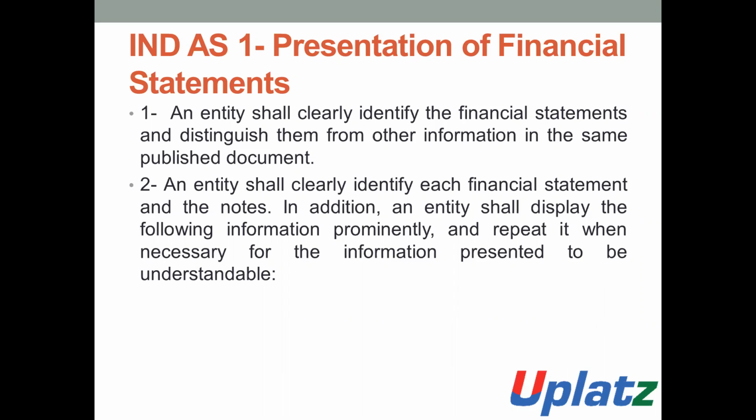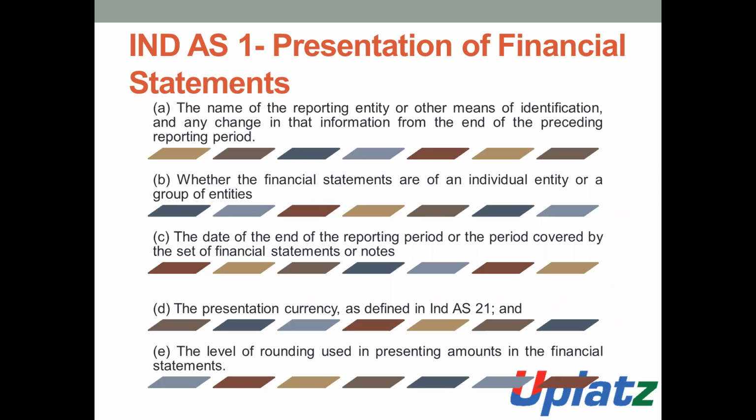These are: number one, the name of the reporting entity and other means of identification, and any changes in that information from the end of the preceding reporting period. The entity will disclose the name of the reporting entity, and if there is any change made from the end of the preceding reporting period, then it should also be disclosed.